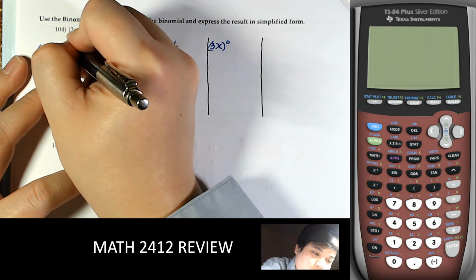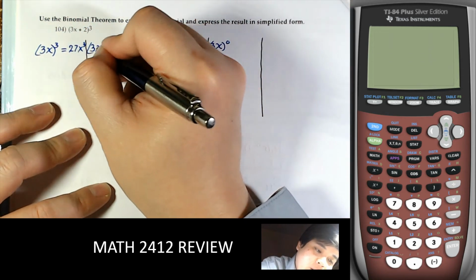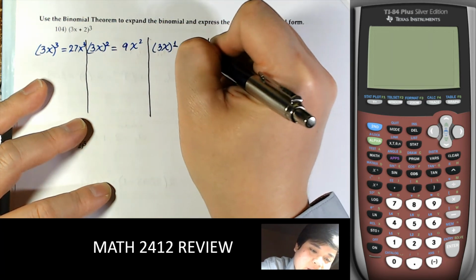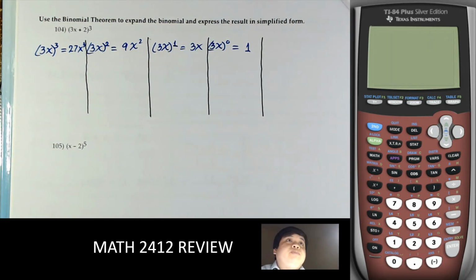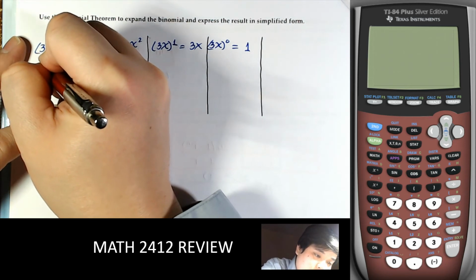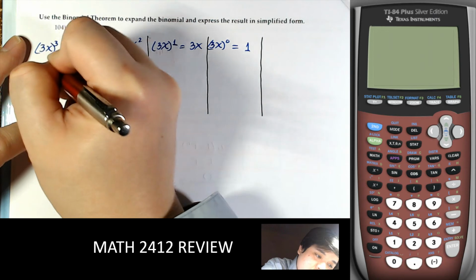3 cubed is 27x cubed. That is 9x squared. That is 3x, and anything to the 0 power is 1. That's the first term. Next, the second term is 2. Actually, we're going to take the positive 2.